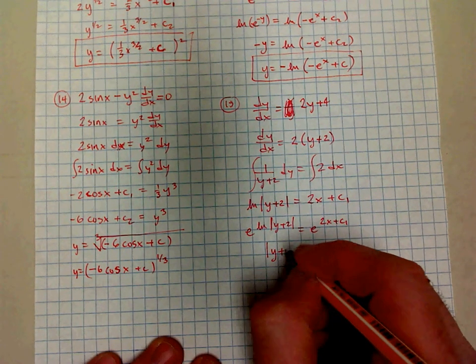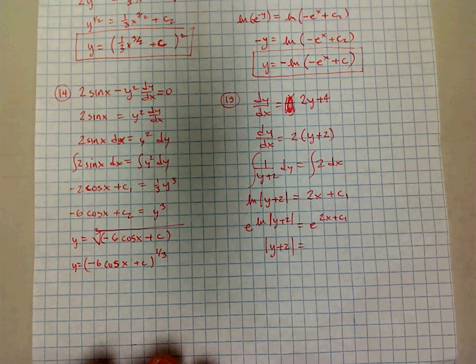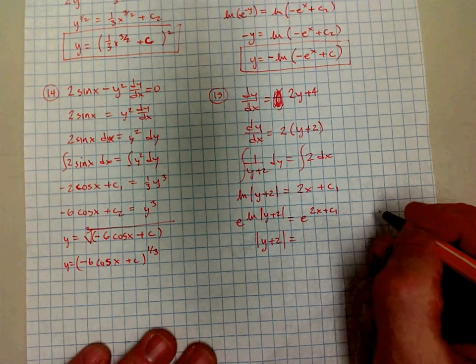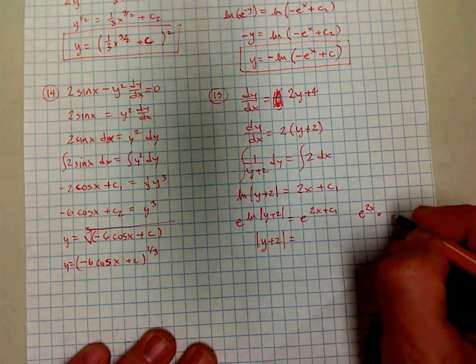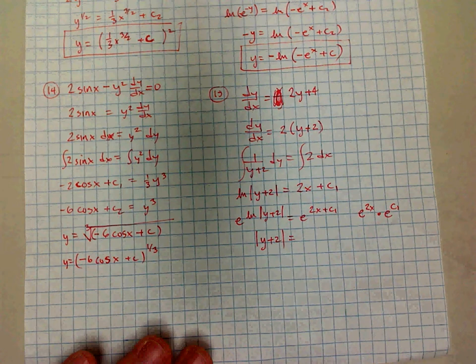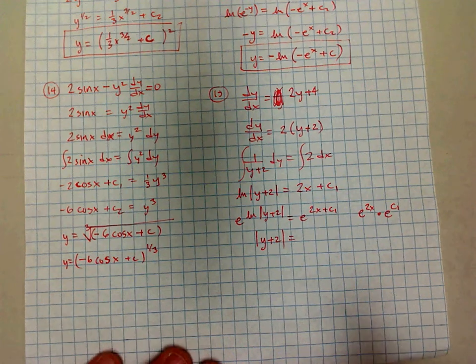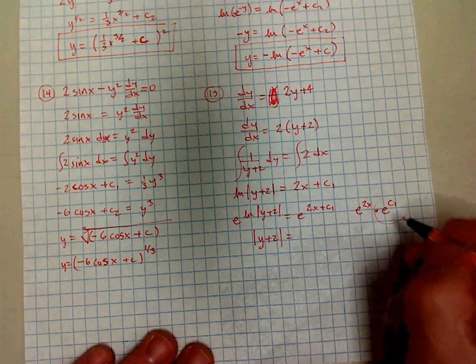And then that's going to equal, well, let's think about this. We know that this would be the same thing as e to the 2x times e to some first constant here. Well, this is just some crazy constant. Who cares what it is? So we'll just call that c2. This is just a constant.